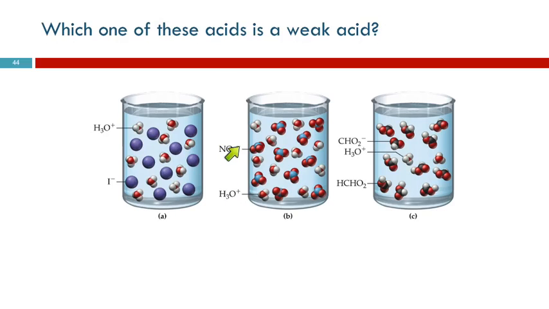Here we have nitrate ions and hydronium ions. There's only two kinds of ions, hydronium and an anion. Over here we have hydronium ions and CHO2 minus ions, and we also have HCHO2.